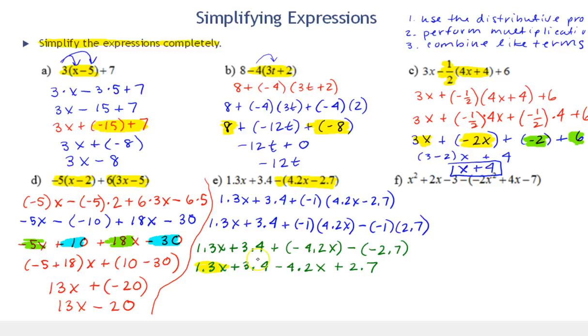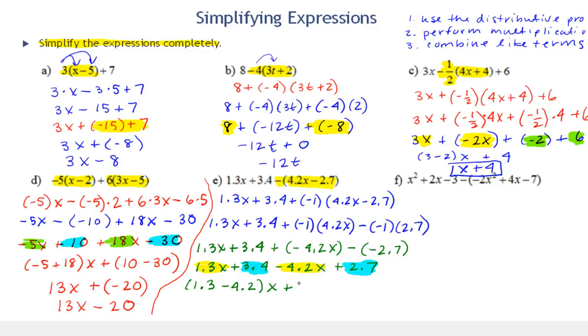Here are the x terms. And we have constant terms. So for the x terms, we have 1.3 minus 4.2 times x.